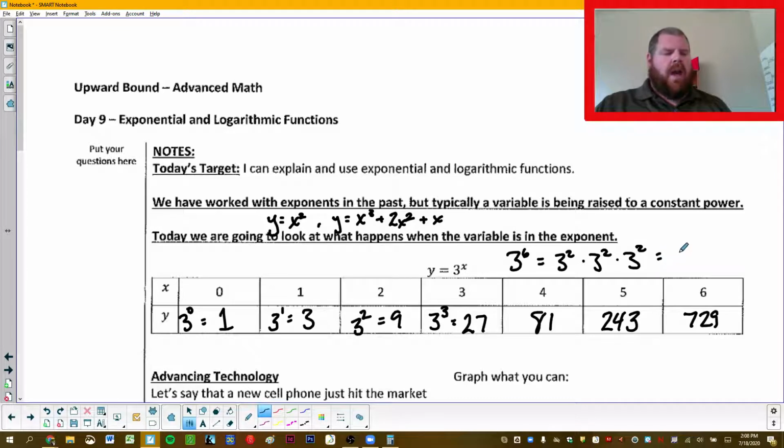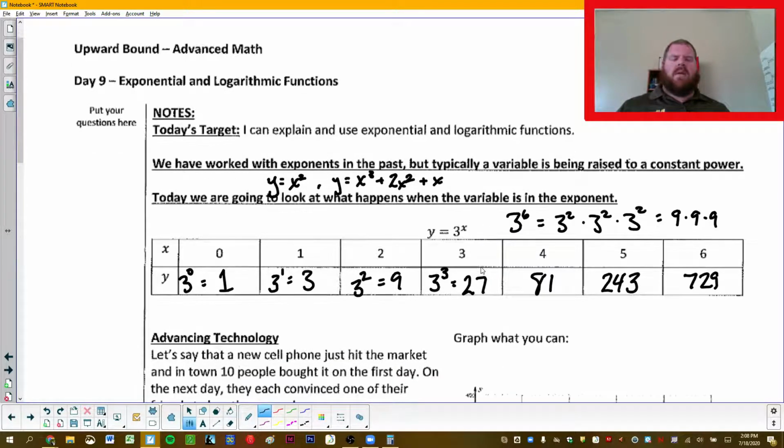And those are all 9, so this is like 9 times 9 times 9, or 9 to the third power. 9 times 9 is 81, and then we're going to multiply that again by 9. So we can see where these numbers would get fairly large fairly quickly.